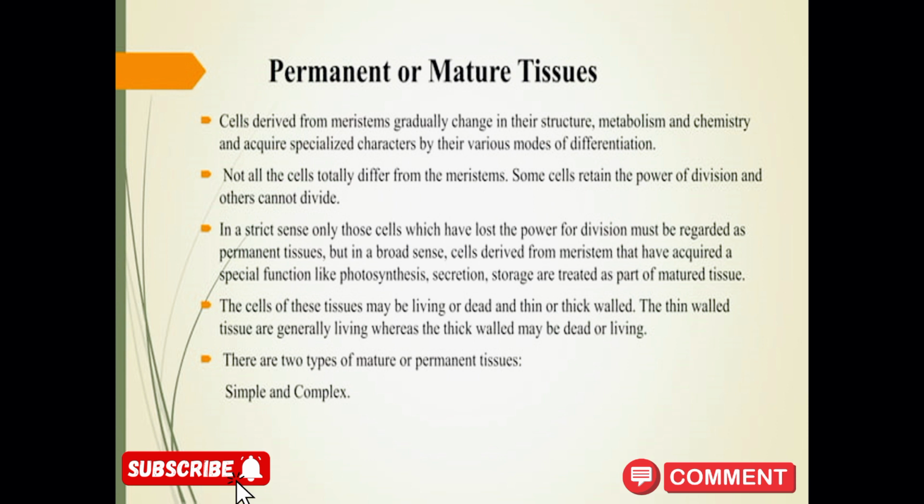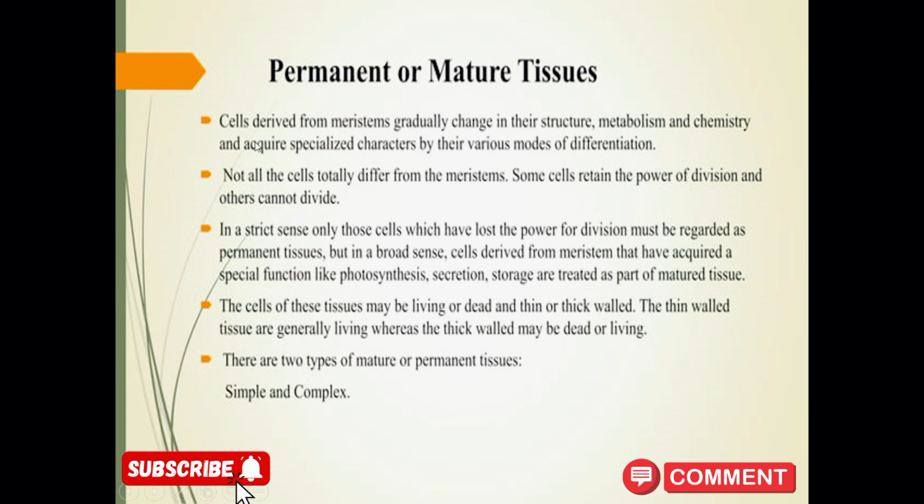So cells derived from meristem gradually change in their structure, metabolism, and chemistry and acquire specialized character by their various modes of differentiation. Not all the cells totally differentiate from the meristem. Some cells retain the power of division and others cannot divide. In a strict sense, only those cells which have lost the power of division permanently or temporarily must be recorded as permanent tissues.